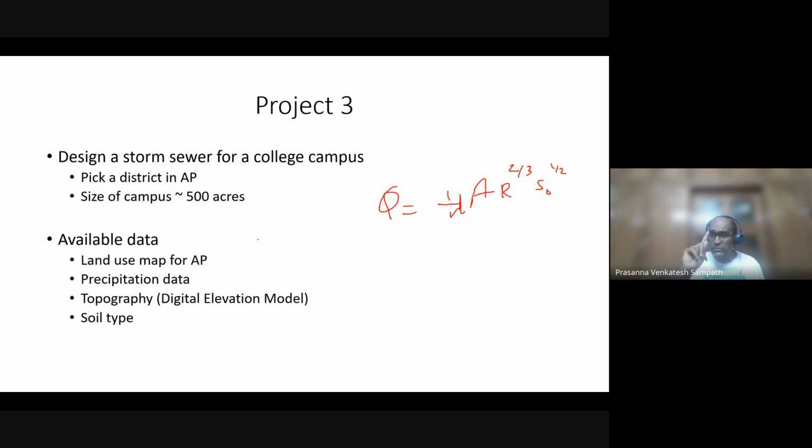Now, I will just mention one thing. Let me open QGIS. I'll stop sharing this. I'll open. Let me know if you can see QGIS right now.